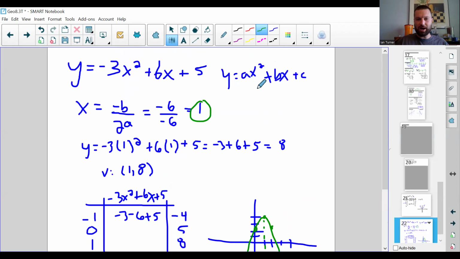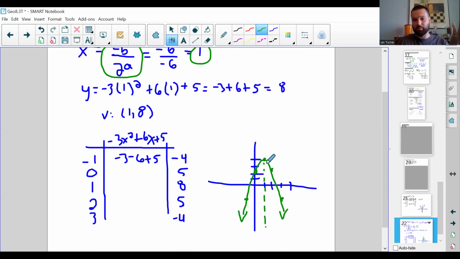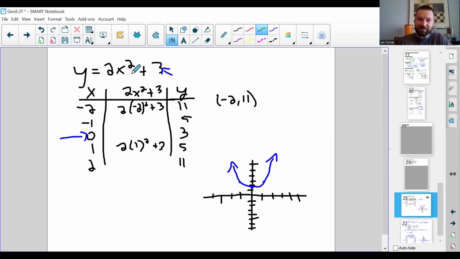If you have y equals ax squared plus bx plus c, you got to use this to figure out where to start, okay? And then you can find your vertex and then find points around it. In this case, my vertex was 1, so I used 0, -1, 2, and 3. Whereas if you have a term like this, that's a lot simpler. You can just know you're going to start at 0.